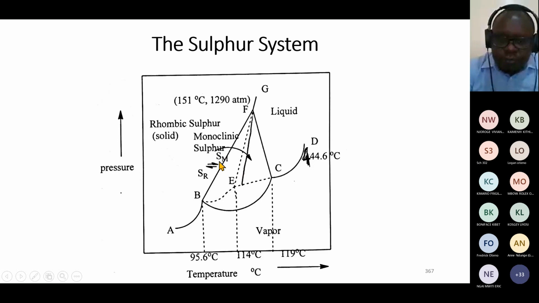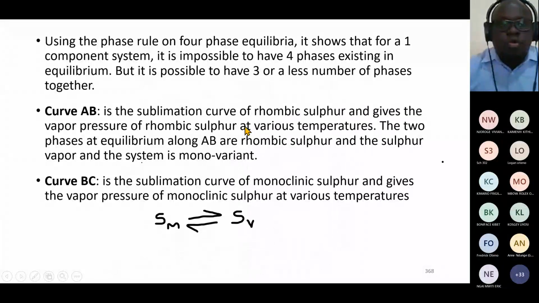And then as you continue heating monoclinic sulfur, at a temperature of 119 degrees Celsius, it starts melting to form the liquid phase, okay? So when you are considering the sulfur system, when you're using the phase rule on these 4 phase equilibria, we're saying that we have 4 phases.